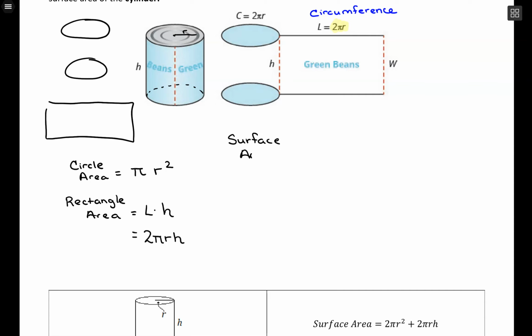So this surface area is made up of two circles. So I'm going to have 2 times, and then this circle area of pi r squared. So there's our two circles, and then we're going to add on the area of this rectangle, where the length of that rectangle is going to come from the circumference, 2 pi r. And then the height of that rectangle, or width, is going to come from the height of the can.